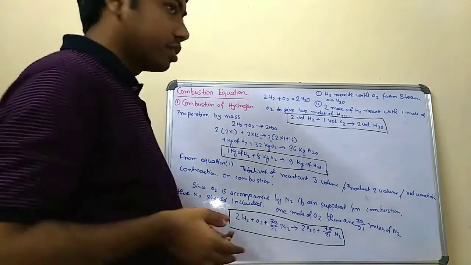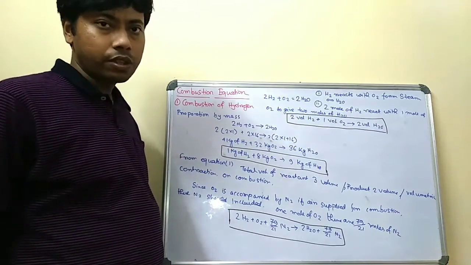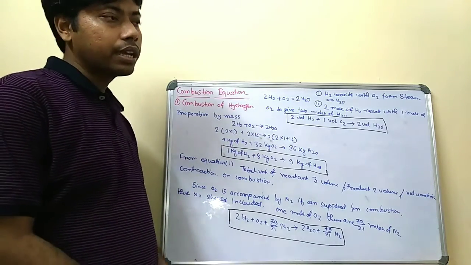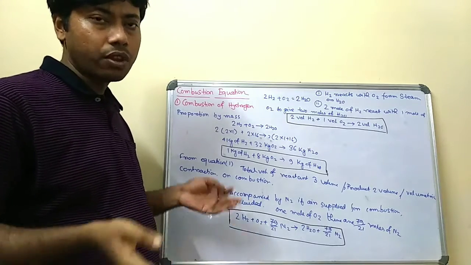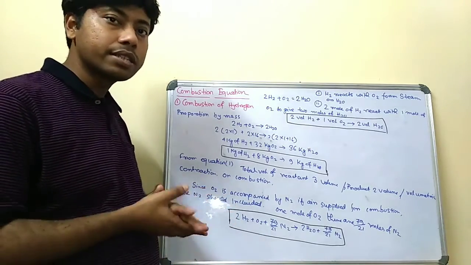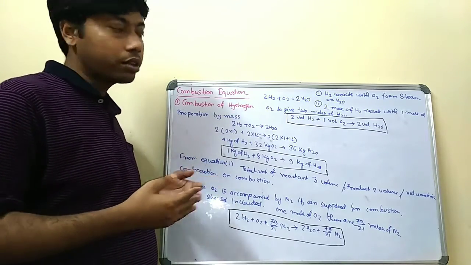Now, the combustion equation. As you know, there are three types of fuel: solid, liquid, and gaseous, with different types of each, as well as primary and secondary fuels. All these topics you have already covered.